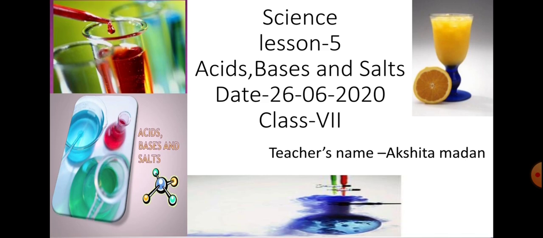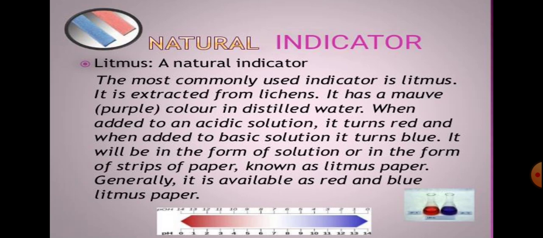An indicator is a dye that changes color when it is put into an acid or base solution. It gives different colors in acid and base.